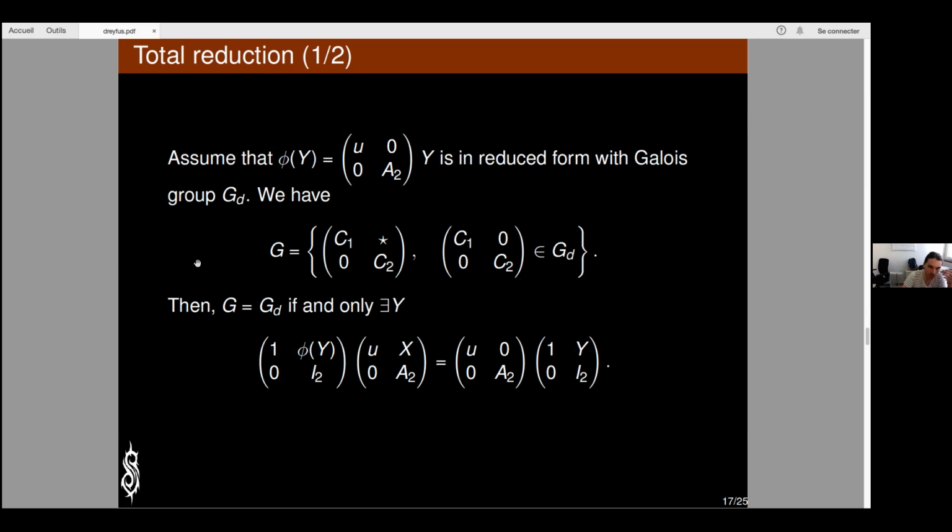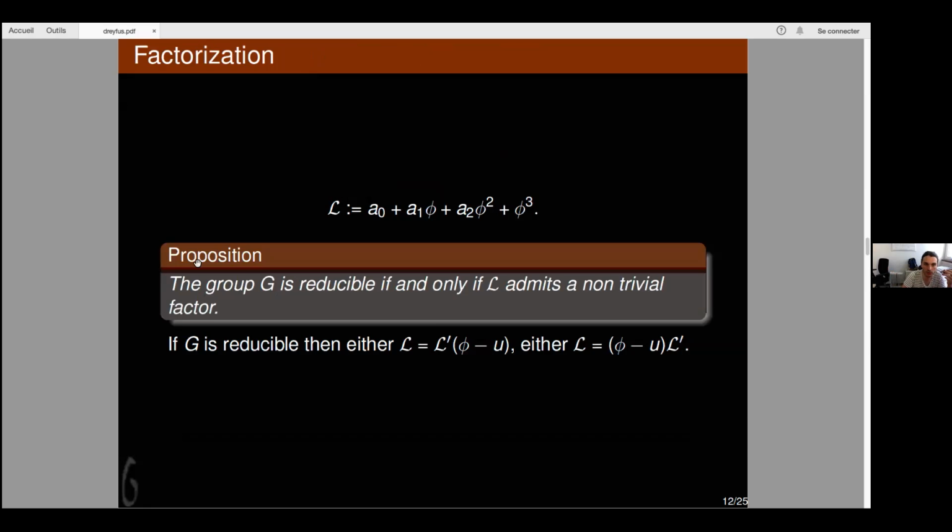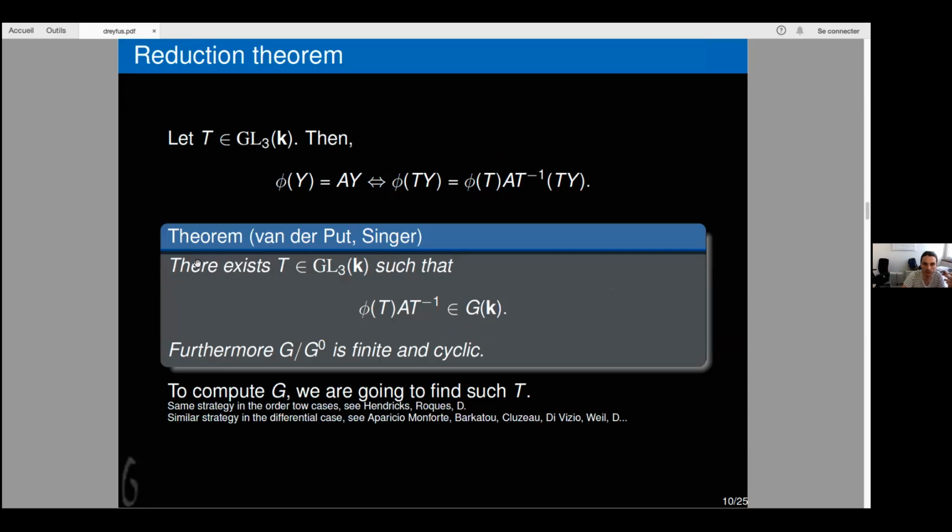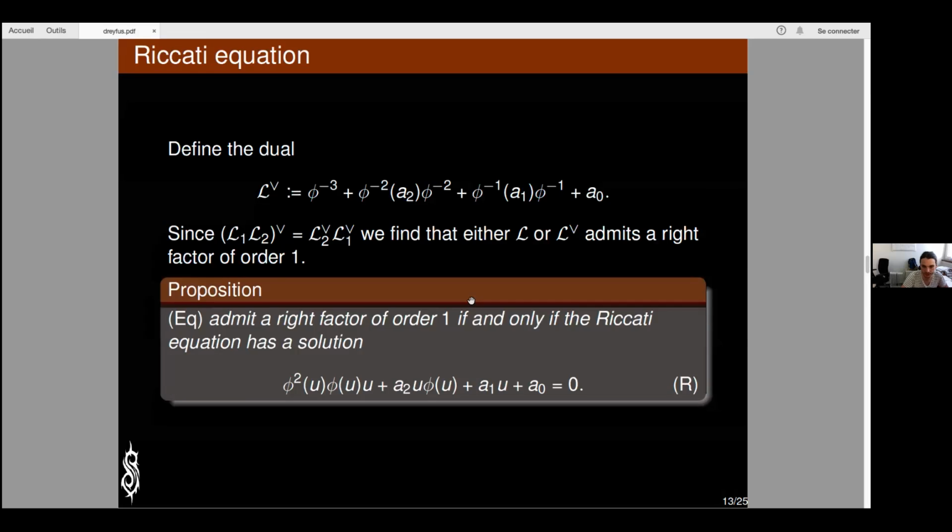And now I will use this theorem, meaning that the Galois group is GD if and only if I have a Gauss transformation that transforms the system into a K point of GD, meaning that I can find T such that phi(T) A T^-1 is a K point of GD.